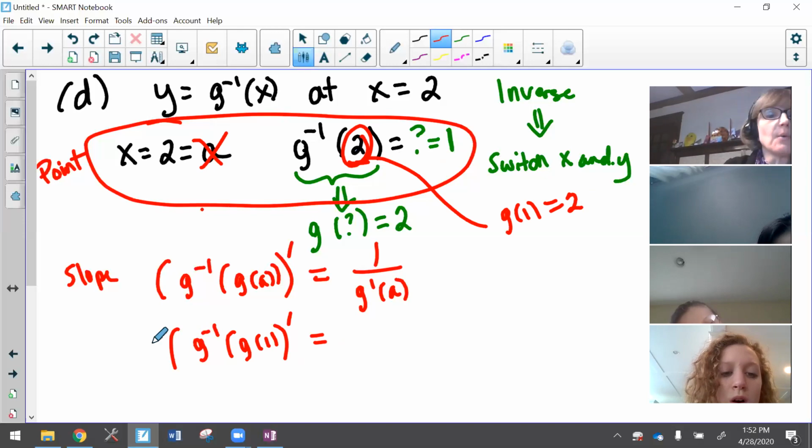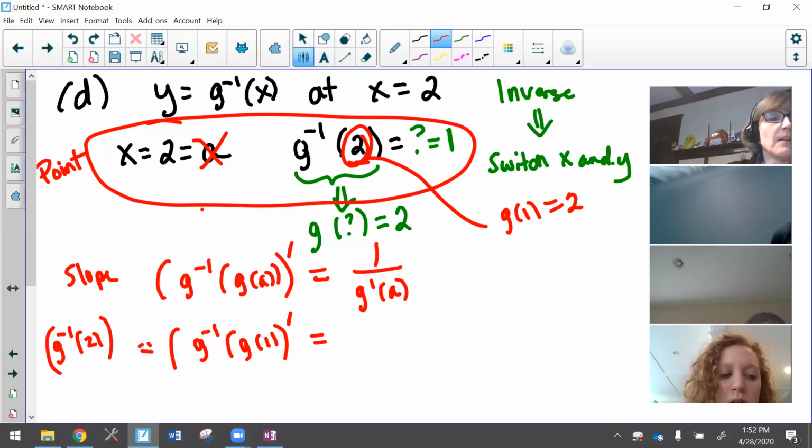Oh. So this is really g inverse of 2 that I'm taking the derivative of.